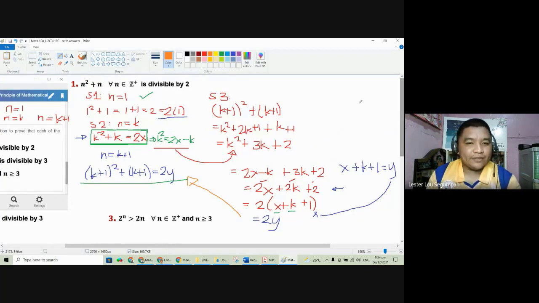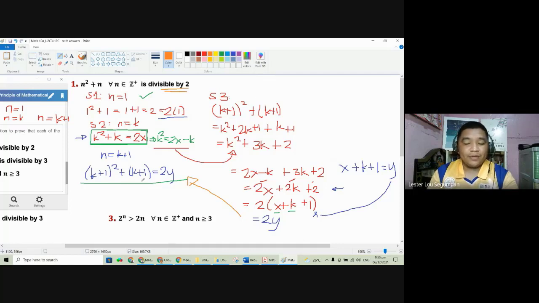Again, we have started with n equal to 1, and if it's satisfied, you need to continue to the next step. n is equal to k. Simply change the variables to k and assume an expression that could correspond to divisibility by 2. That's why you have 2x here. And take note, that's very important. As we proceed later on to step 3, we could actually manipulate this so that we could simplify step 3 easily.